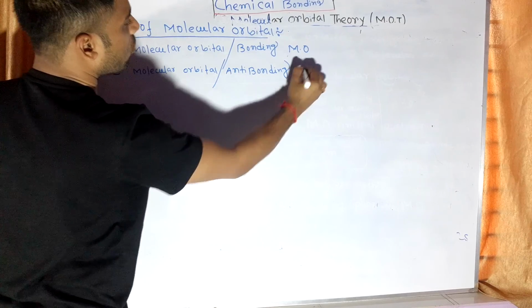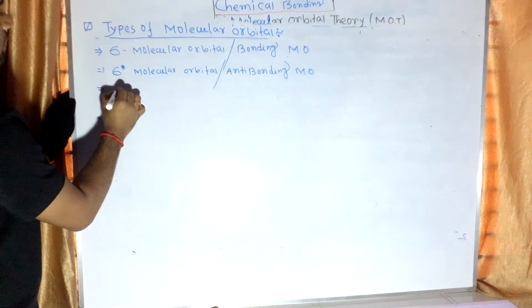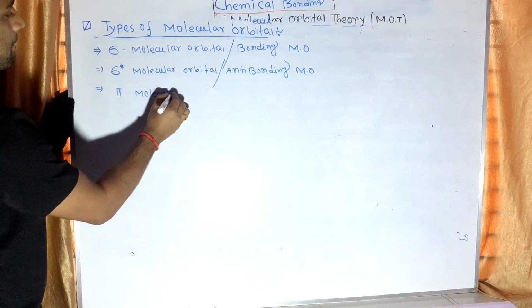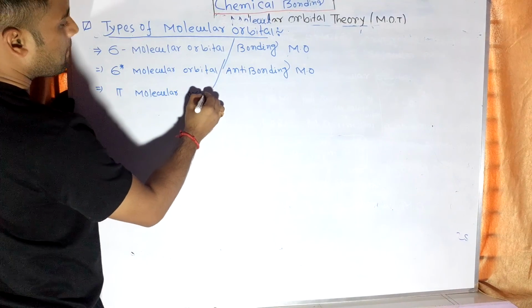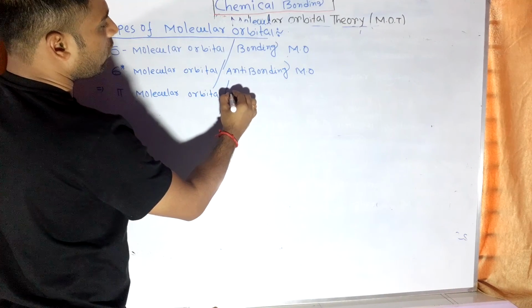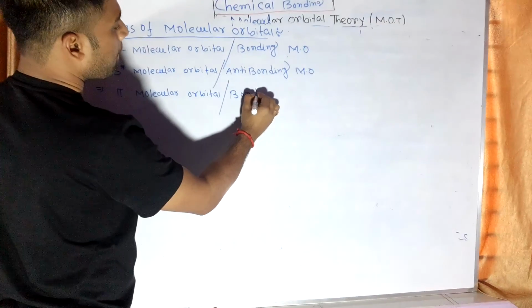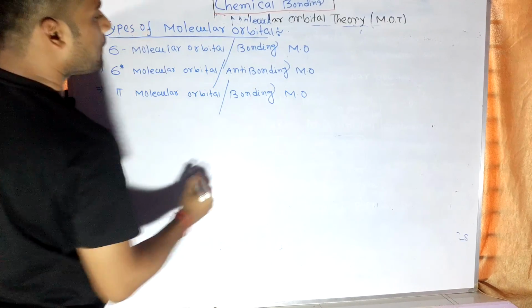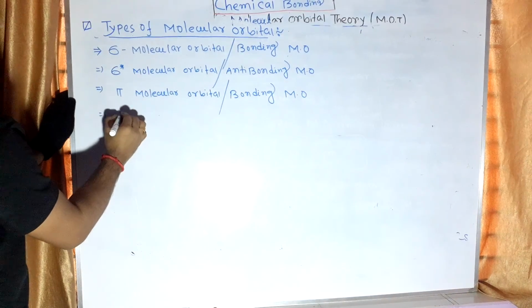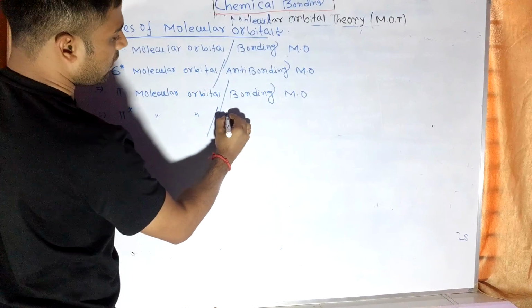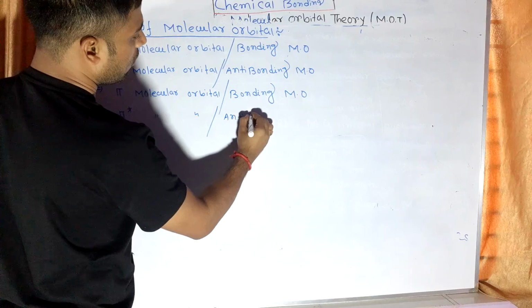Next, pi molecular orbital, or an alternative name bonding MO. Last is pi star molecular orbital, or alternative name anti-bonding molecular orbital.